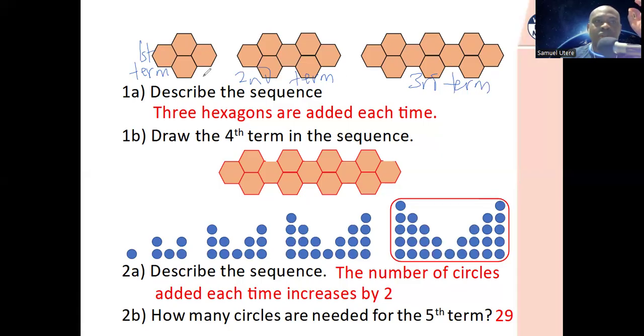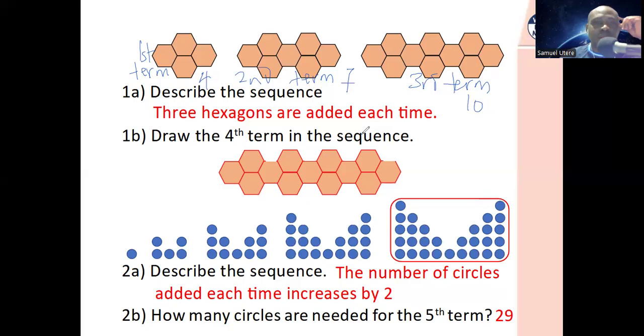So that's 4, that's 7, and then that's 10, because we're adding three hexagons every time. So if you work with the numbers, it will be easy to know that I need to draw 13 hexagons instead of spending time counting every time.